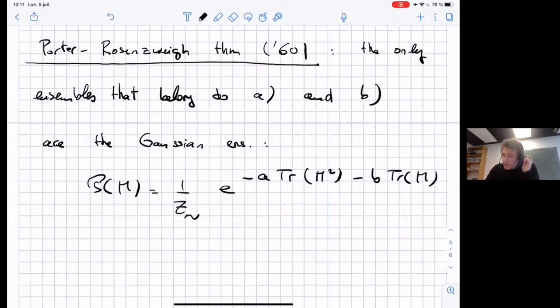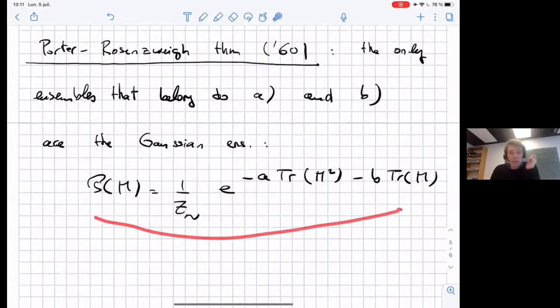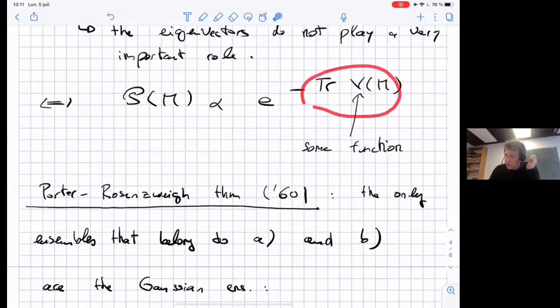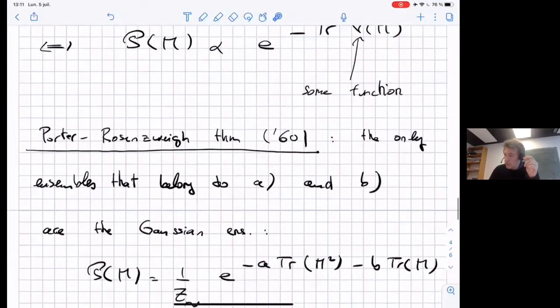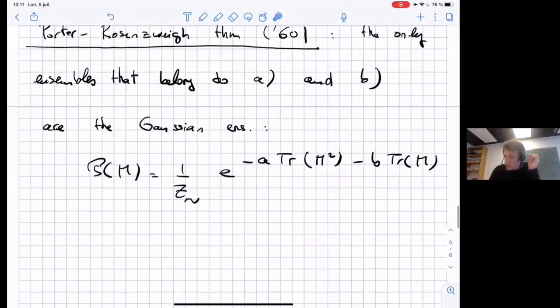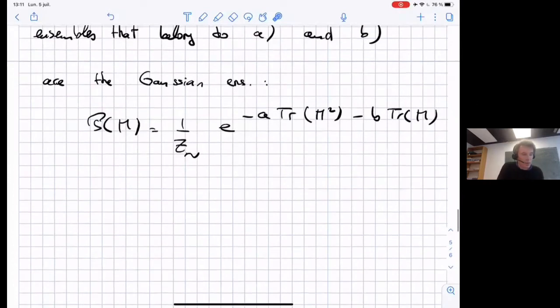So you see, it's clear that they belong to the case B, because they are of that form. Trace is a linear operation, so V of M is just A M squared plus B M. Now, it's not completely evident that this kind of measure defines a Wigner matrix. And that's instructive, since we haven't done any concrete computation yet.